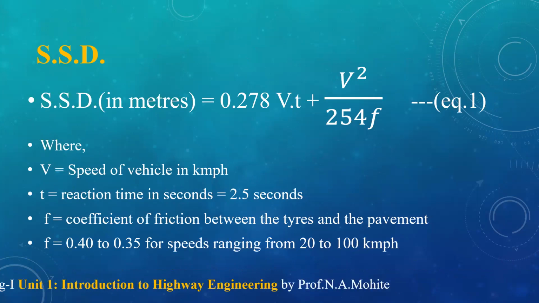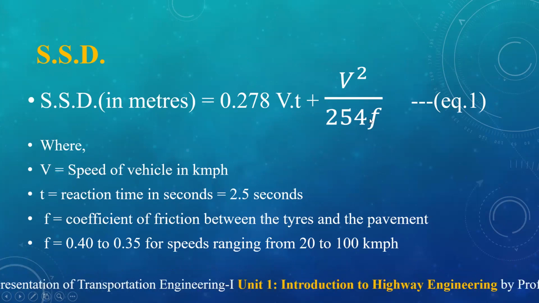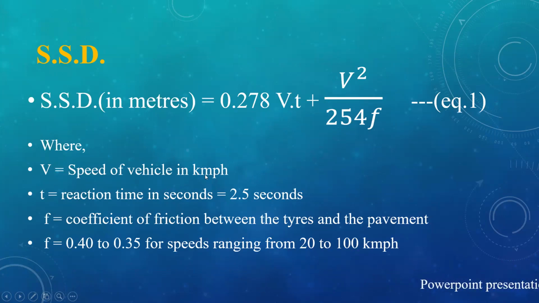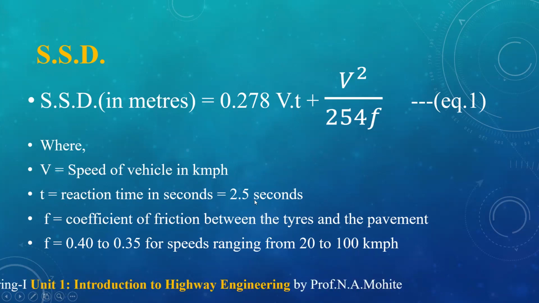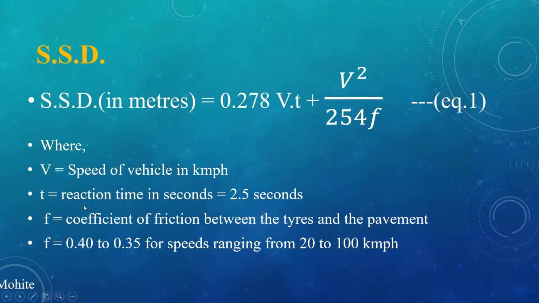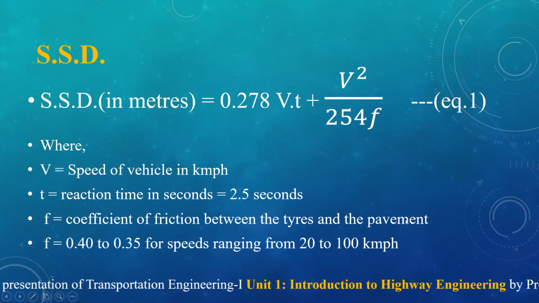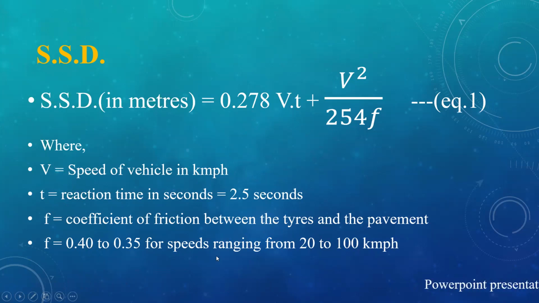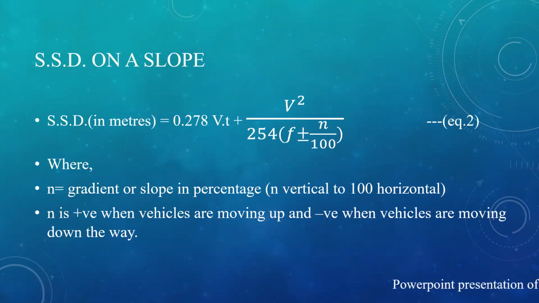The formula for that is 0.278 V into t plus V square divided by 254 into f, where V is the speed of the vehicle in kilometers per hour, small t is the reaction time in seconds, which is 2.5 seconds standard given by the IRC, and small f is the coefficient of friction between the tires and the pavement, which ranges from 0.40 to 0.35 for speeds ranging from 20 to 100 km/h. So we'll see the numericals.